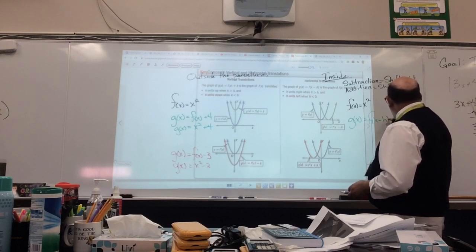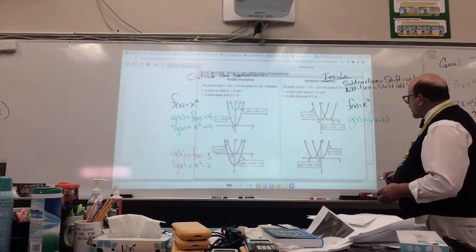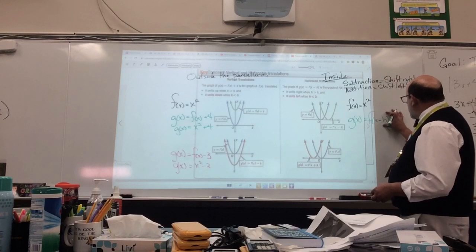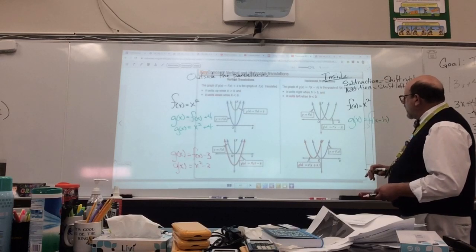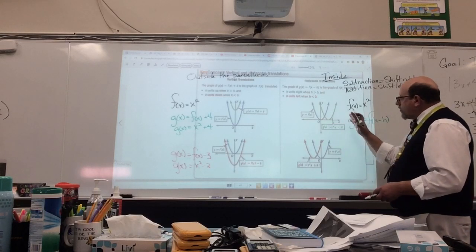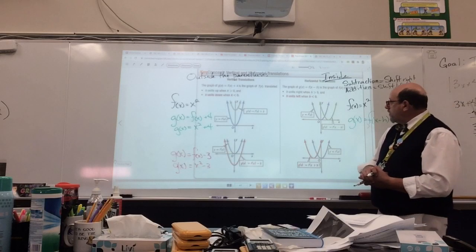Uh-oh. Well, that looks different, doesn't it? We take this, we make it x minus h, and we square it, and then we have our shift over to the right 2 spaces, or 3 spaces.